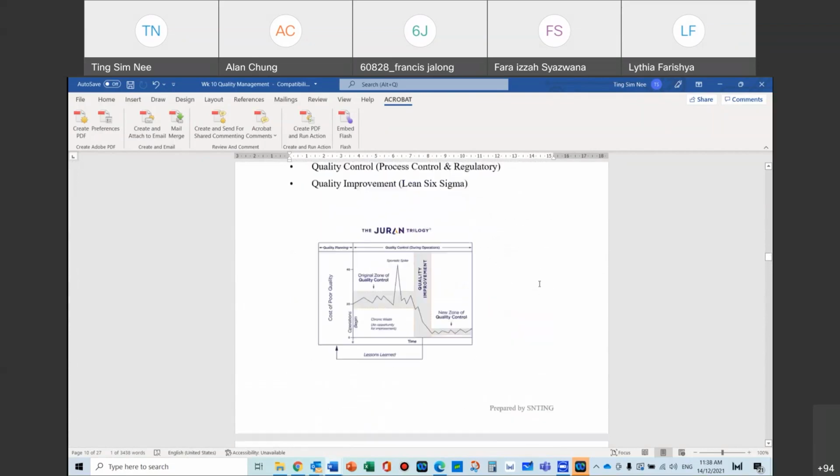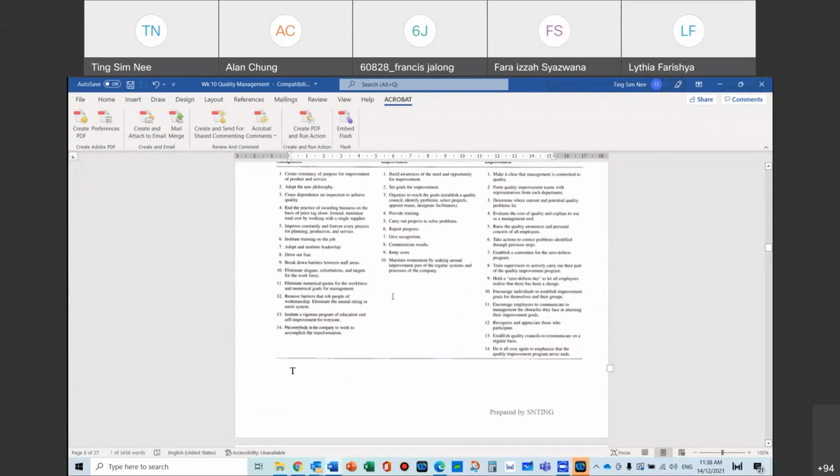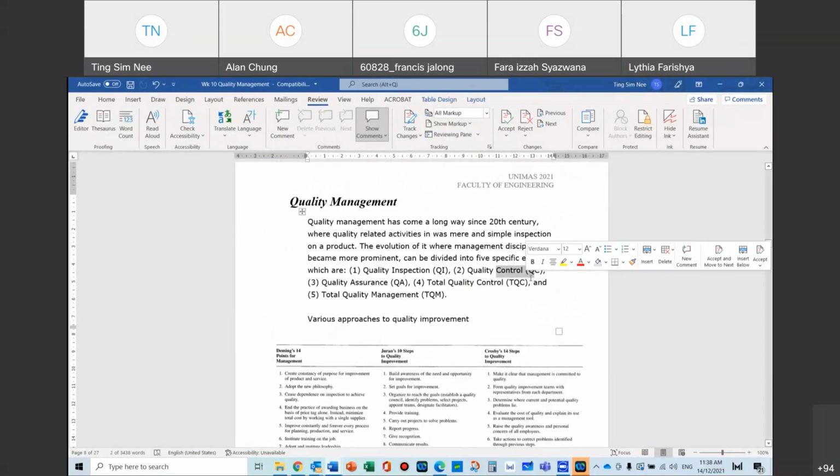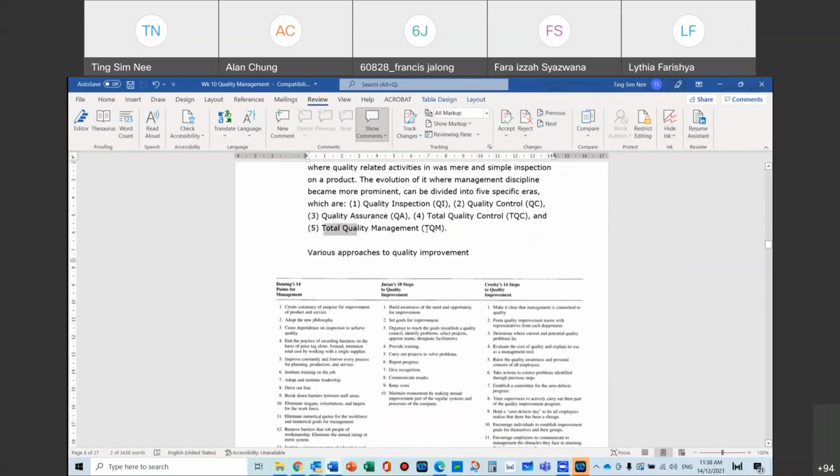So I mean, this video is just to introduce how quality actually evolved from one era to the other era. It changes, but unfortunately, construction has more or less stuck in an earlier era. Okay, and the latest, I would say the latest era, the more applicable era, is the more recent one, which we talk about as TQM.